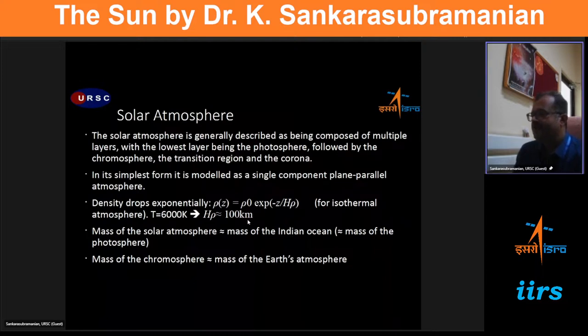Most of the mass of the solar atmosphere is confined to the photosphere. You can compare that mass to the mass of the Indian Ocean. And the mass of the chromosphere is typically the mass of the Earth's atmosphere. These are typical numbers for you to keep in mind.